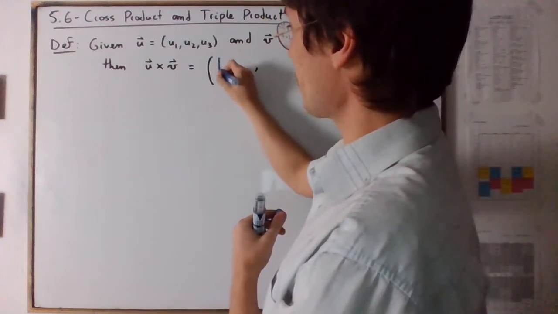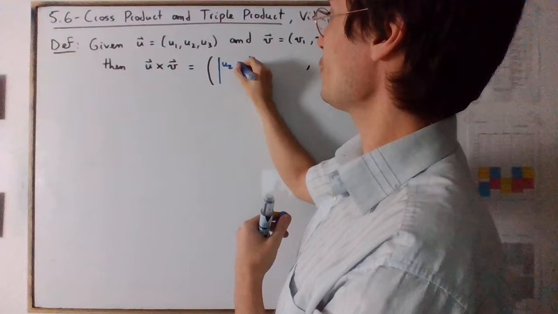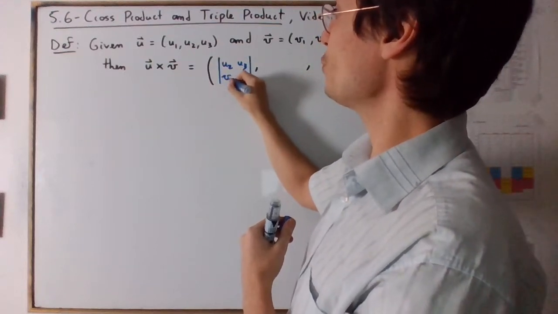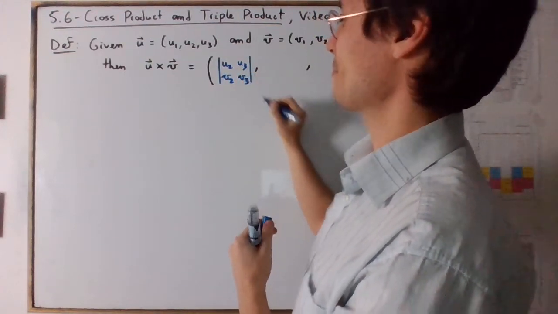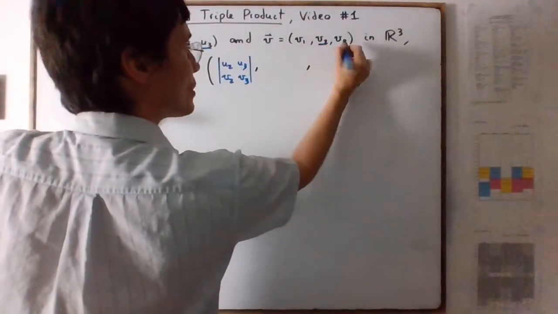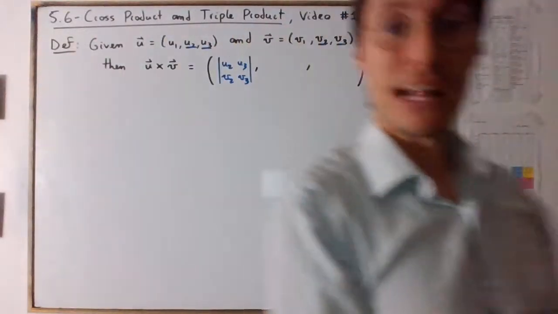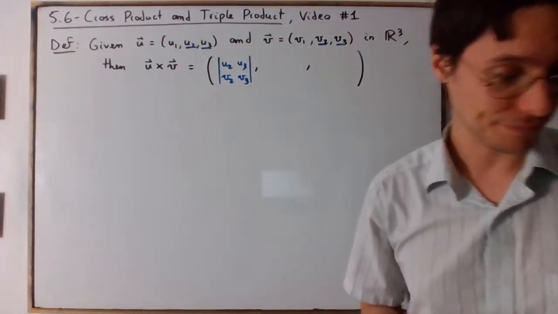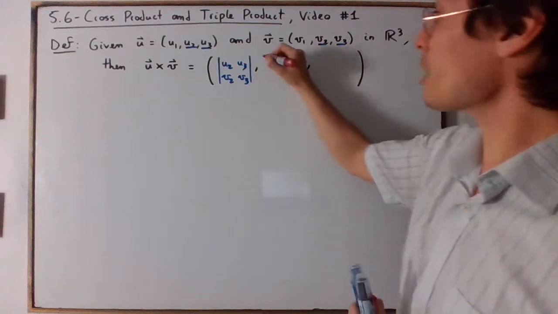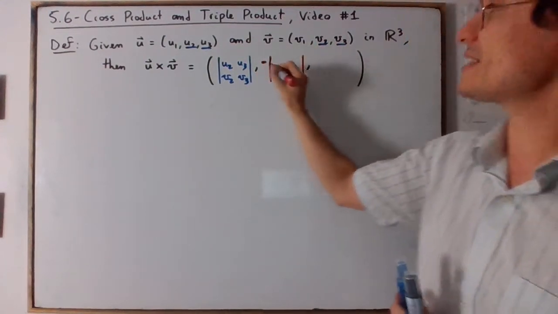The first component will be the determinant of u2, u3, v2, v3. In other words, you just pick the last two components of each vector, put them in a matrix, and you calculate this determinant. The second component, you do almost the same, but there's a negative sign.